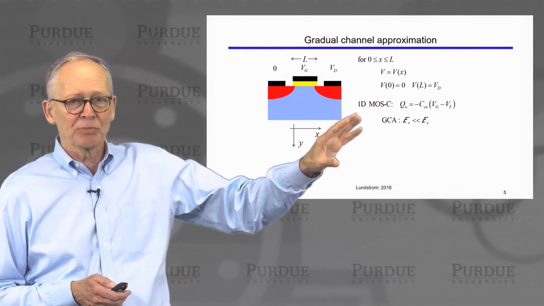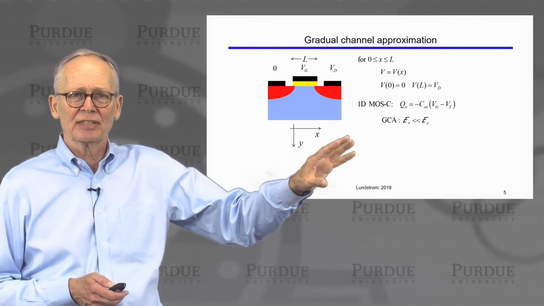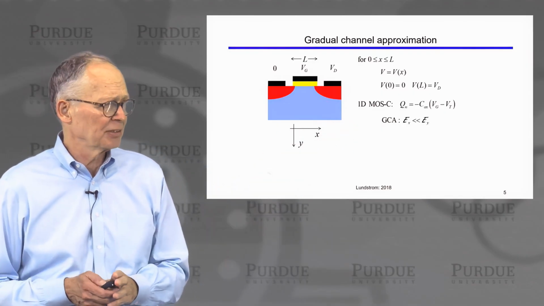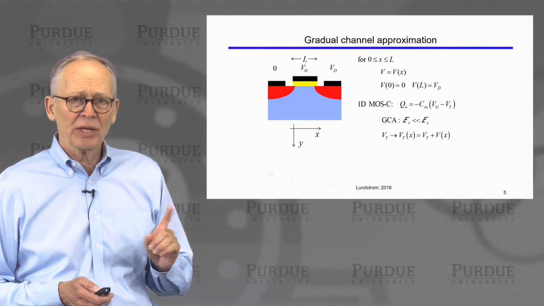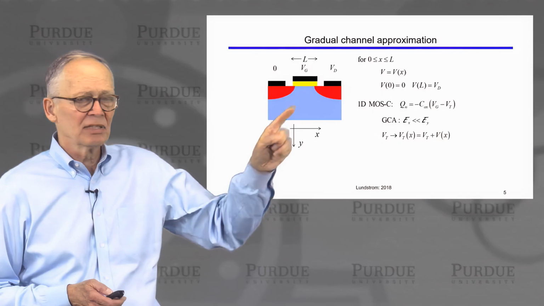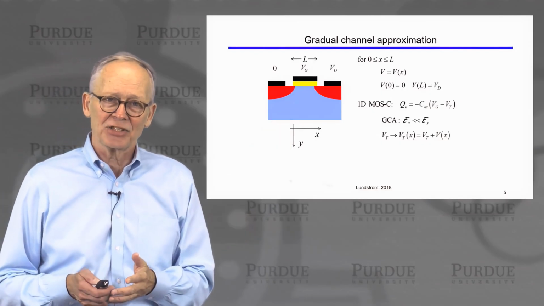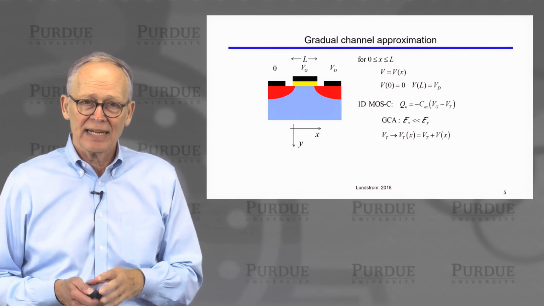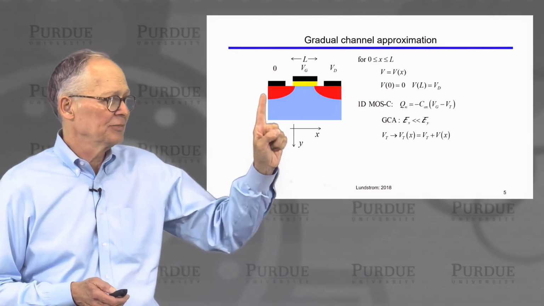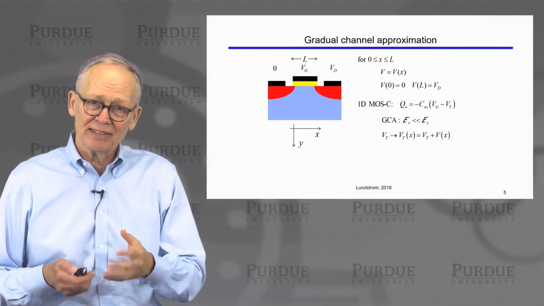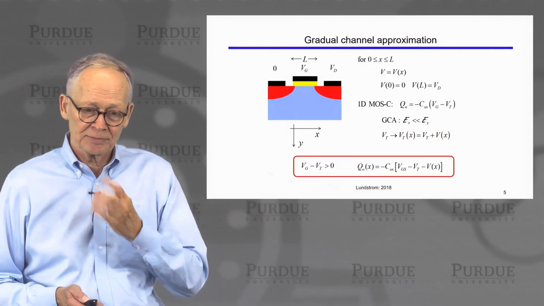Now, if I make that approximation, we could argue that the results should be very much like they were in the one-dimensional MOS capacitor case. There's only one thing I have to worry about, that as I move down the channel, the voltage underneath the gate is changing. It's increasing from 0 to the voltage at the drain, and I have to take that into account. So at each point, I'll use a one-dimensional solution, but there'll be a different voltage in the silicon underneath.